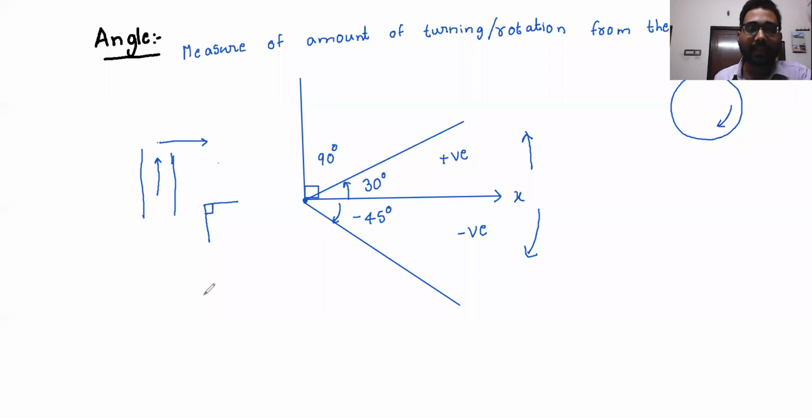The first scale is degrees, also known as the British system, or this is also known as the sexagesimal system.